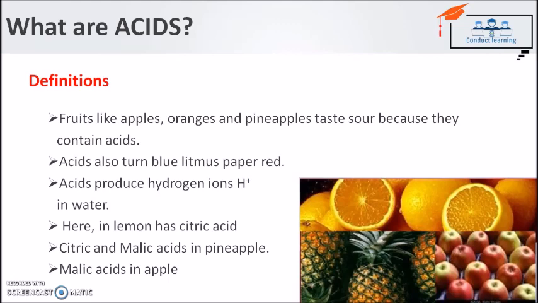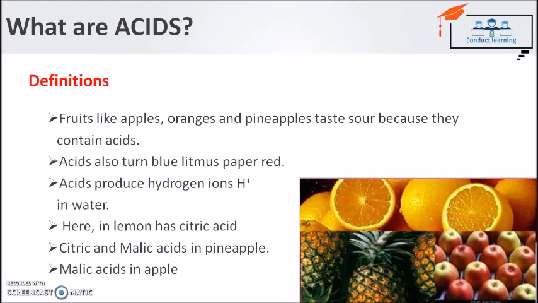On the other hand, if we replace the blue litmus paper with red litmus paper, the litmus paper will not change its color because it is already red. So if we want to find out whether there is acid or not, we have to take blue litmus paper. If it turns red, it is acid, otherwise it is not.